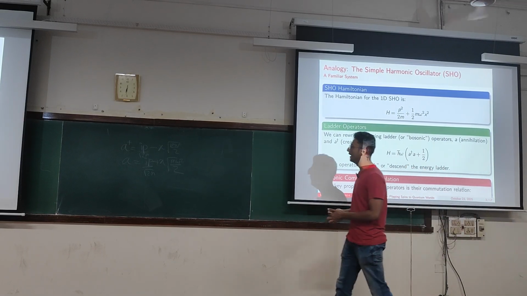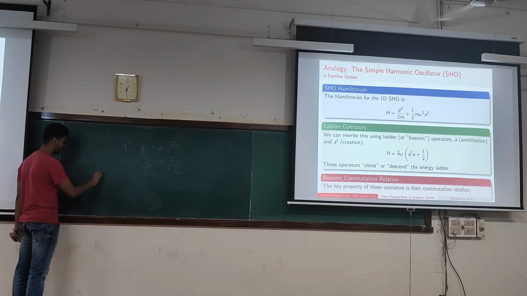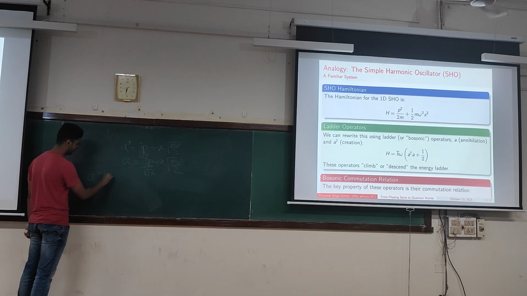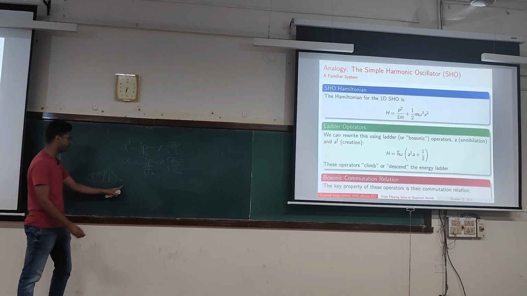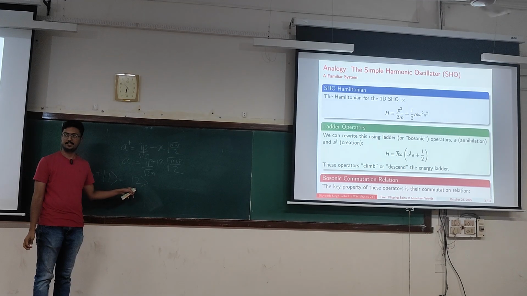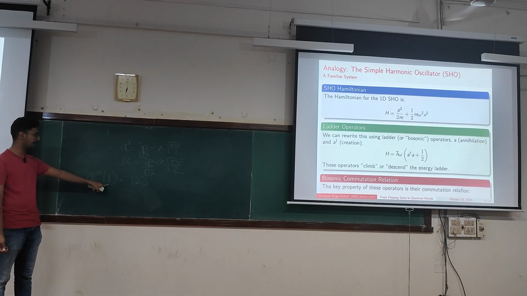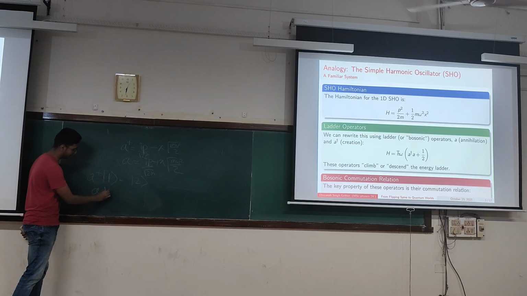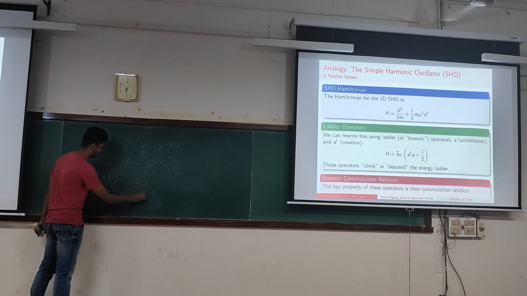When we act this A dagger operator on a first excited state, n equals 1, we get a second excited state, and when we act A on this first excited state, we get the ground state.